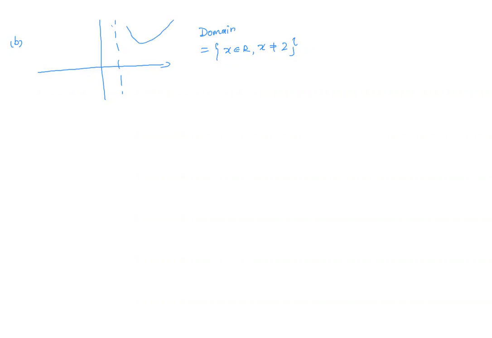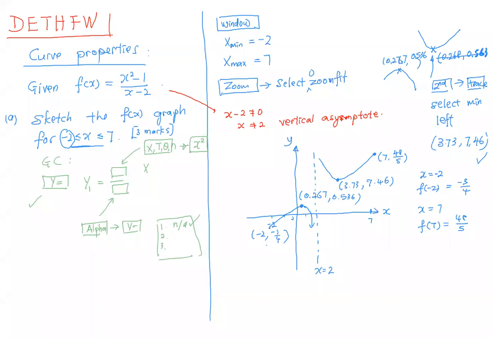The graph goes in this way. This point is 3.73 just now. The other point goes here like that, and here is 0.267.